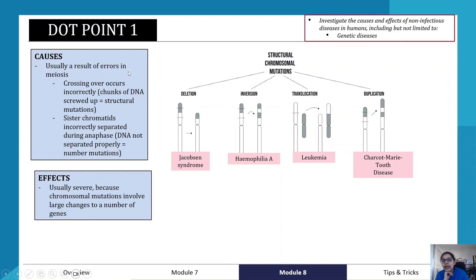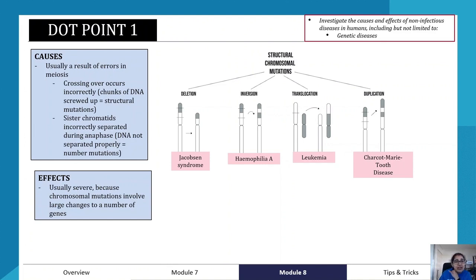So usually they are a result of errors in meiosis. For example, if crossing over occurs incorrectly and chunks of DNA get mixed up, that can cause structural mutations. And if sister chromatids are separated incorrectly during anaphase, that can also cause a number of mutations. So remember how we see the spindle fibers that are attached to the chromosomes, to the chromatids rather, and when they have to be separated, if they're not separated correctly, we can see different diseases.